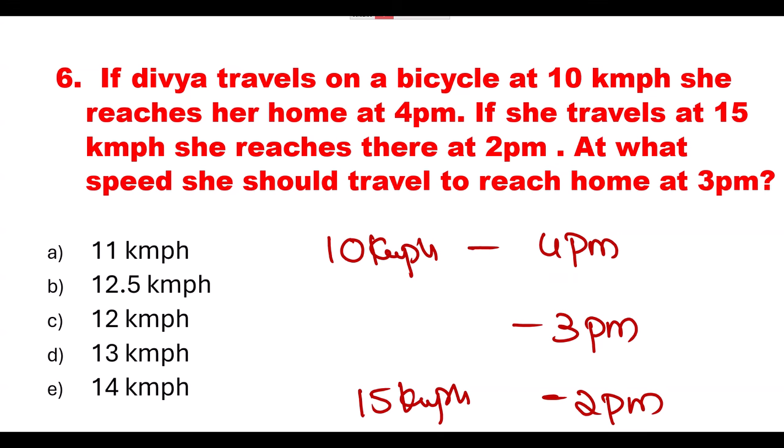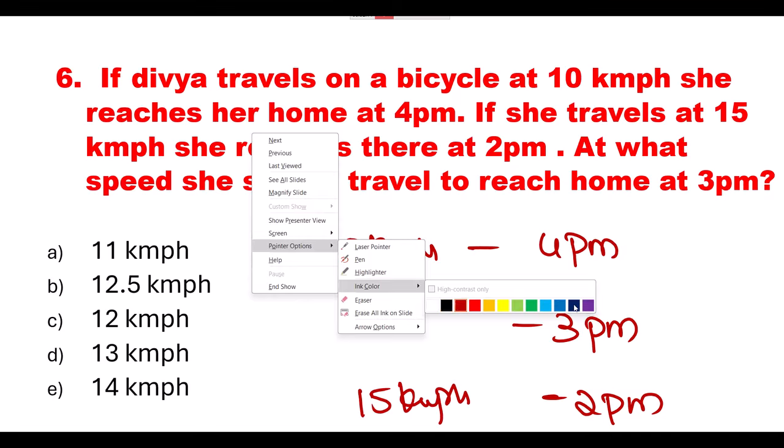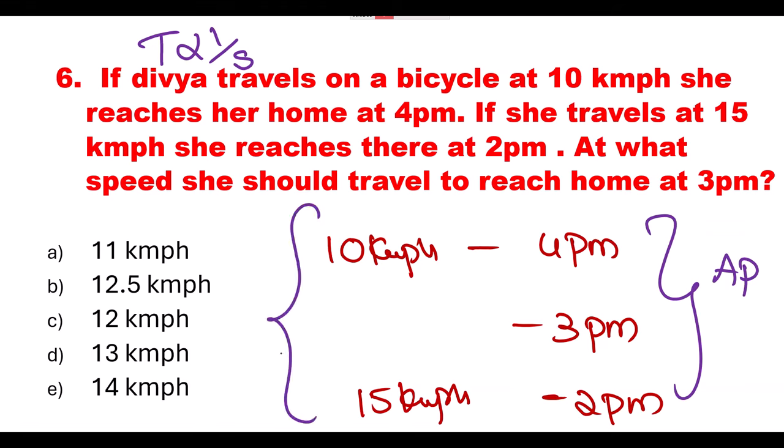Distance is speed into time, you can do that model, but I put this in progressions. What is the relationship between time and speed? Timing on the left side, speed on the right side, so those are inversely proportional. If this is in AP, then this must be in HP.